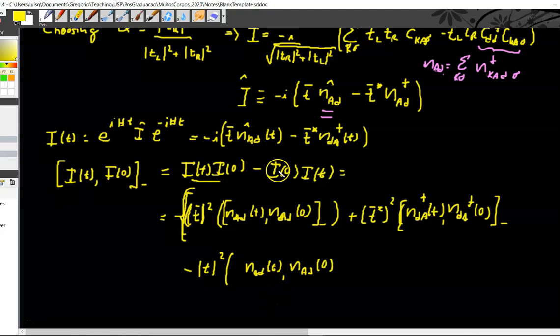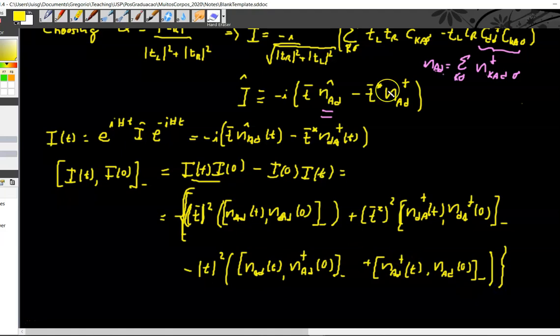Okay, commutator, because I have the other one around too. Plus this one, n a d dagger at T and a d at 0. Commutator, because there's 2 of them. That's it. These are the 4 terms that I have.